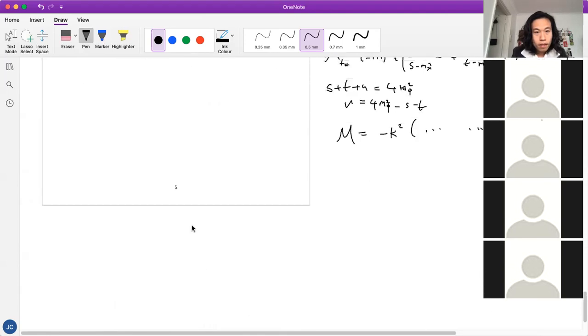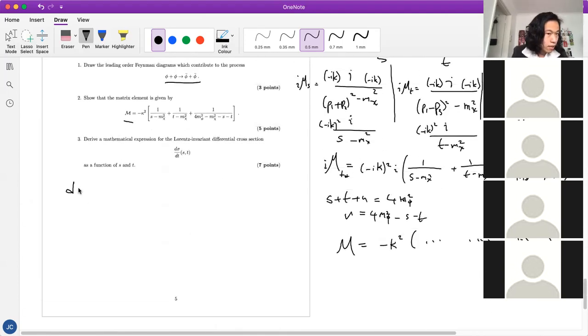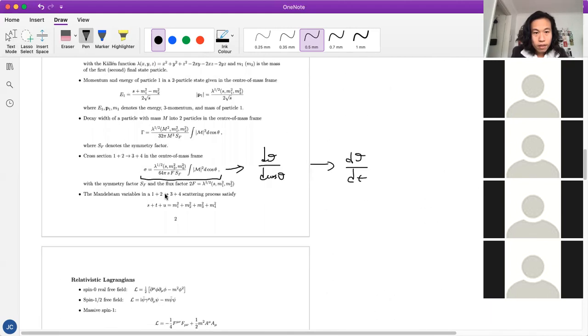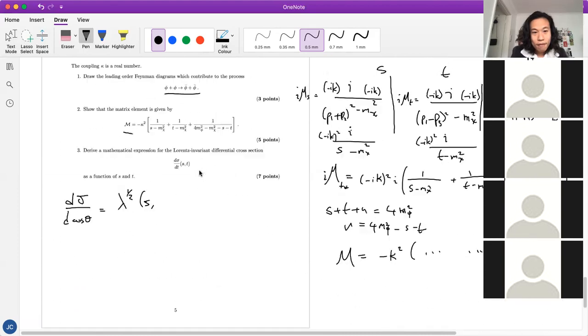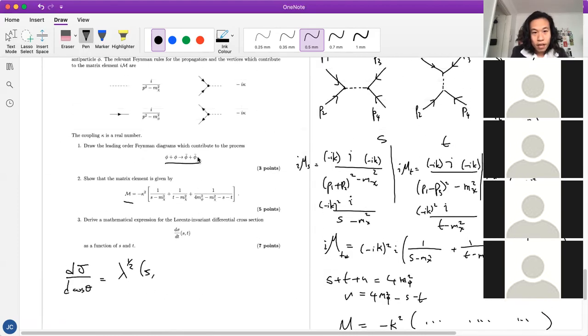So d sigma d cos theta is lambda to the half of s and then M3, M4, the two final state masses, and in the denominator, the two initial state masses. But since we have phi to phi bar, all their masses are M phi. So M1, M2, M3, M4 are all equal to M phi.